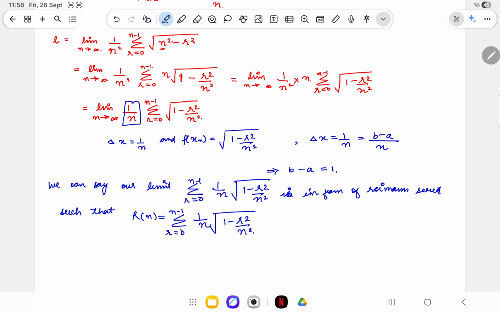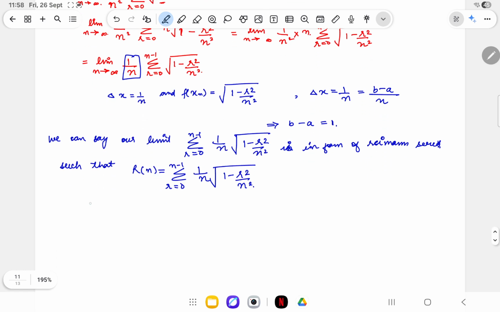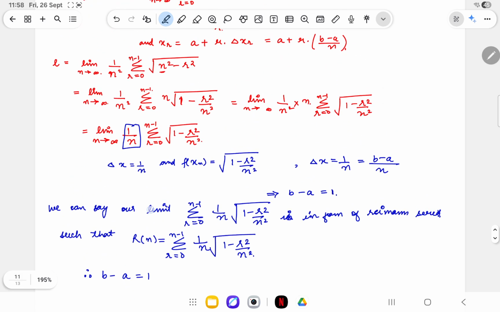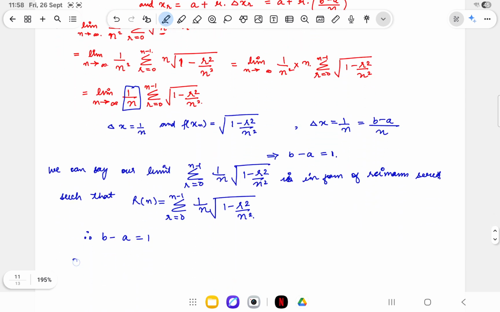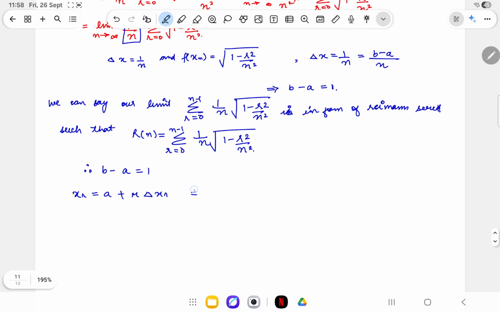So we have concluded it till here, and further we have seen that our b minus a is basically equal to 1. Now using the definition, x_r is basically equal to a plus r into del x_r, that is x_r equals a plus r by n, because for our case our del x_r is basically 1 by n.